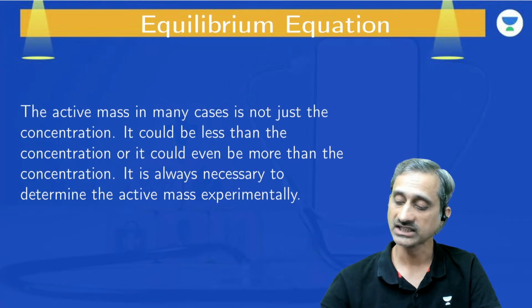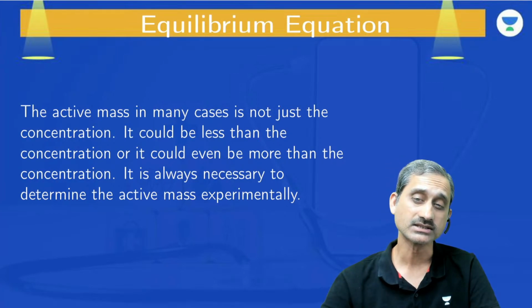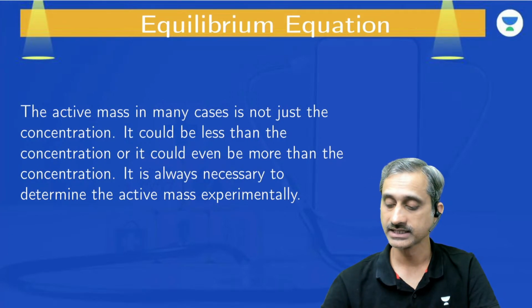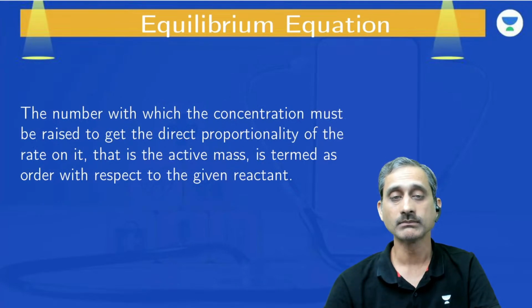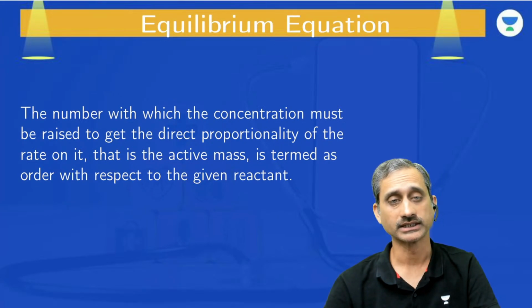The active mass is not just the concentration. It could be less than the concentration, or even more than the concentration, because we are going to raise it to the power of the order. The active mass is determined experimentally. The number to which the concentration must be raised to get direct proportionality of the rate on it, that is the active mass, is termed the order with respect to the given reactant.